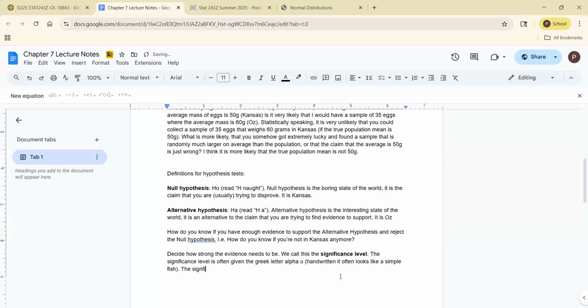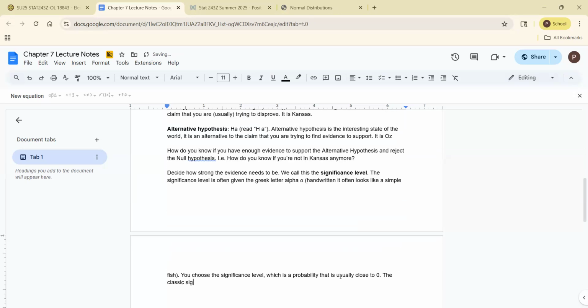You choose the significance level, which is a probability that is usually close to 0. The classic significance level is 0.05 or alternatively 5%.